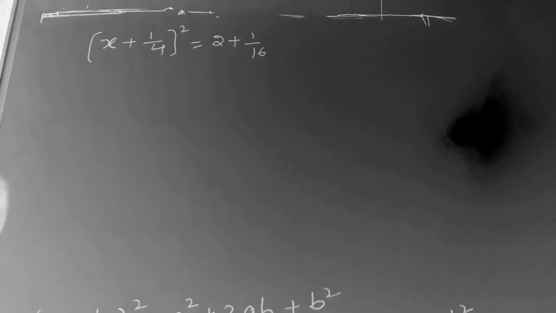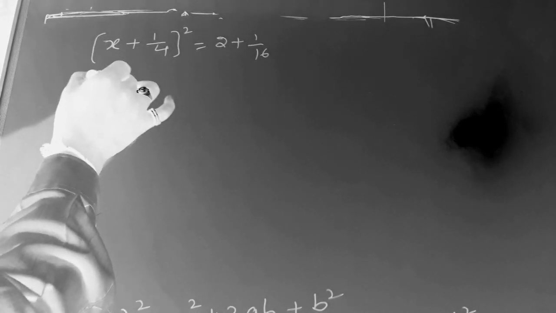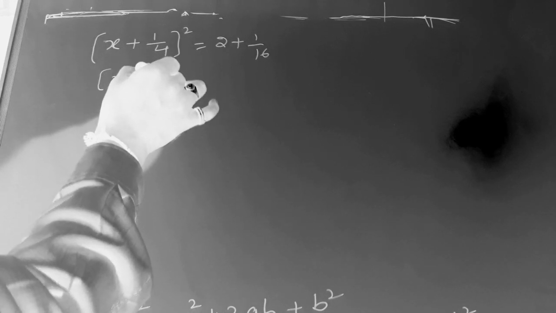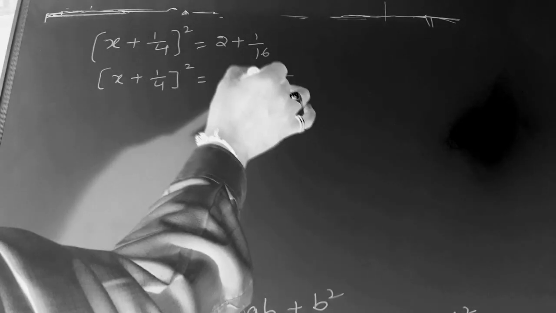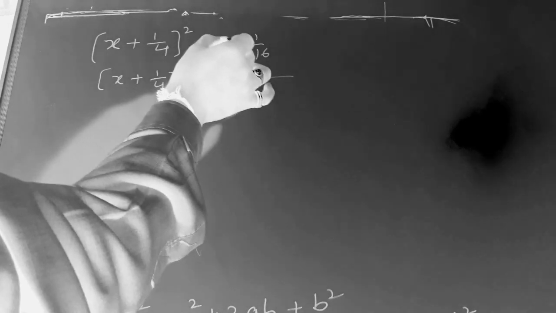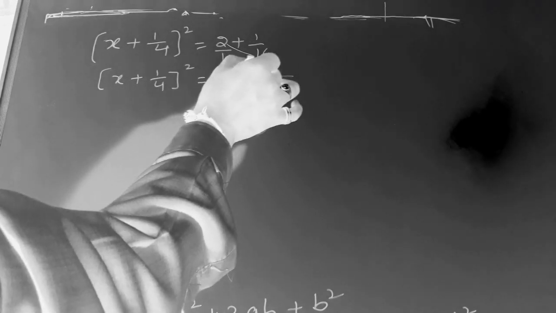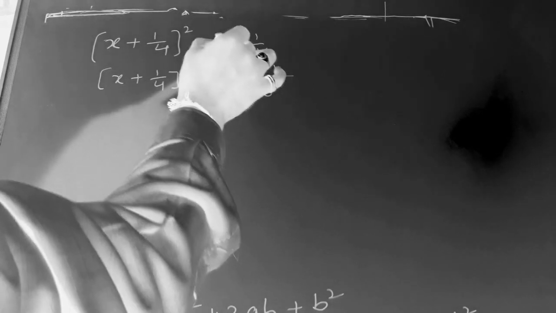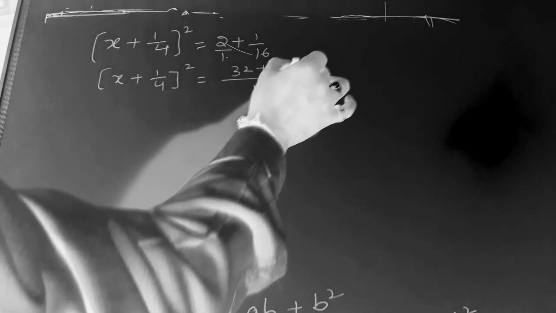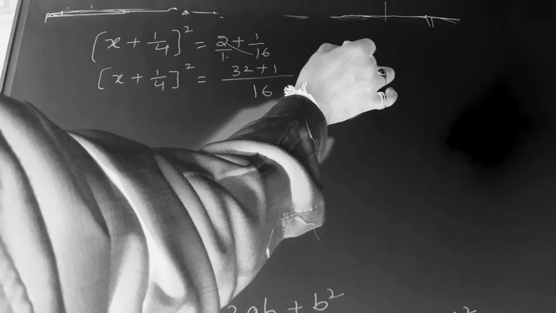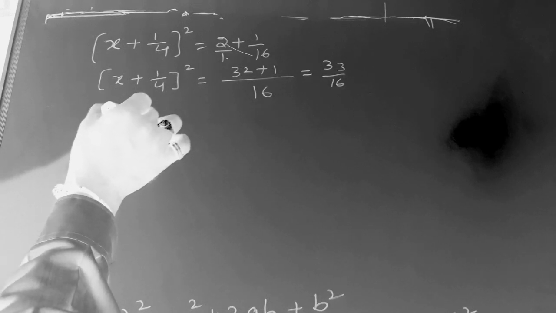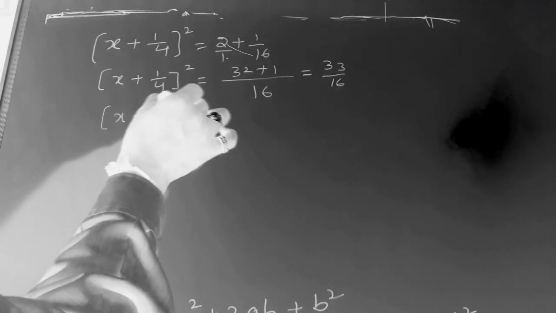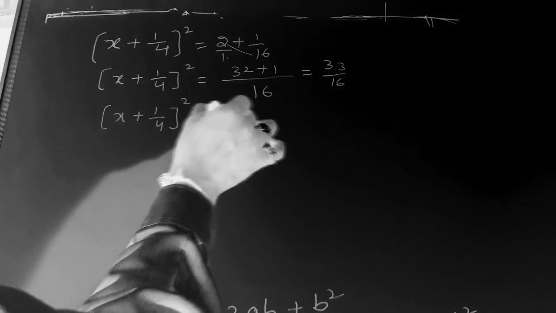So here we got x plus 1 by 4 whole square is equal to 2 plus 1 by 16. Now you see here 16 is the LCM, or directly we can do cross multiplication. 2 into 16 is nothing but 32 plus 1 into 1 is nothing but 1. 1 into 16 in the denominator is nothing but 16. So finally we are getting 33 by 16. Now x plus 1 by 4 whole square is equal to 33 by 16.